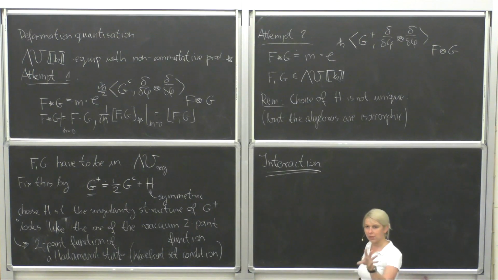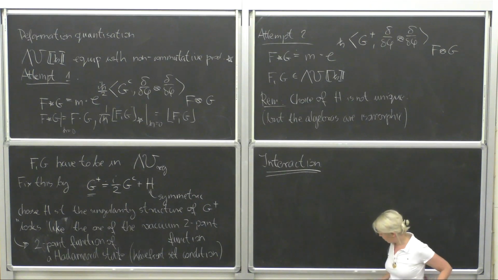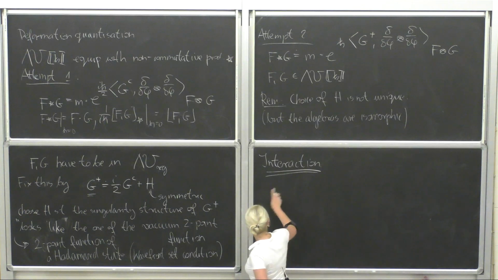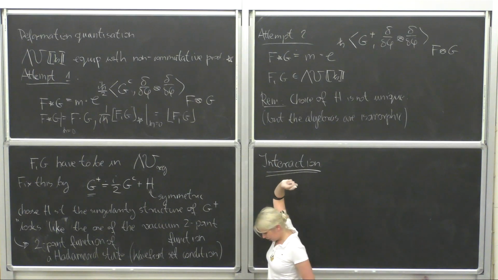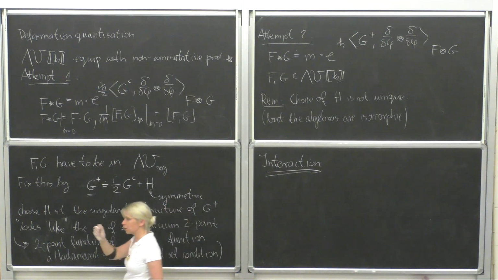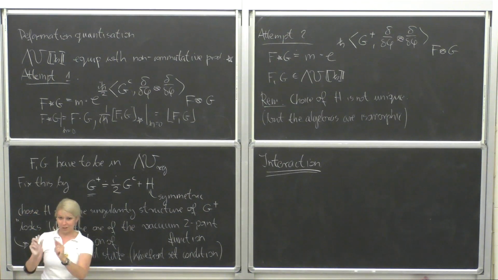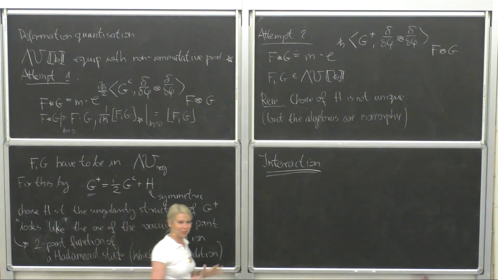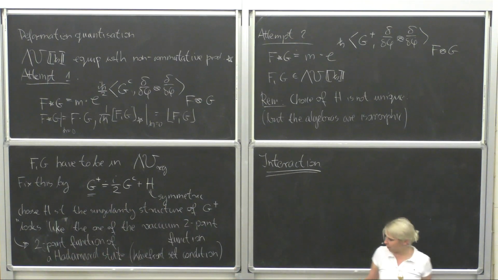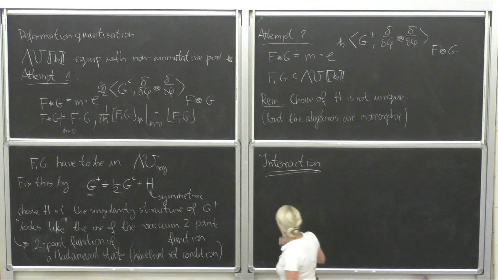So this is somehow something I'm going to package right now. And one of the first things you discover when you start digging into interacting theory is Feynman propagator. So Feynman propagator is going to be a big hero of this part of the lecture.